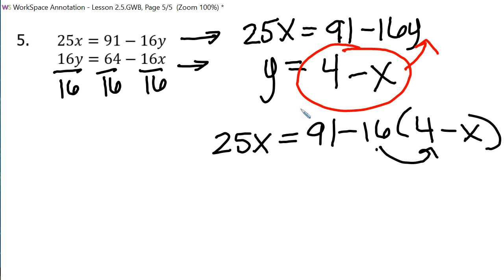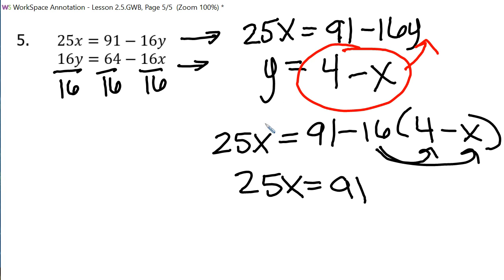Distribute your negative 16. What's negative 16 times 4? Negative 64. Negative 16 times negative x is positive 16x.